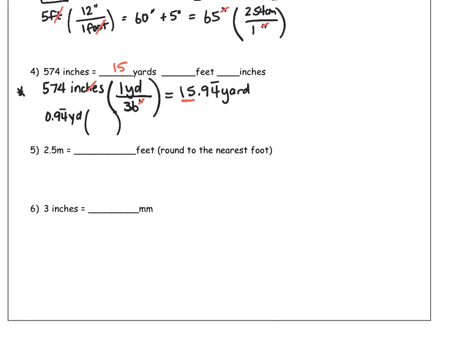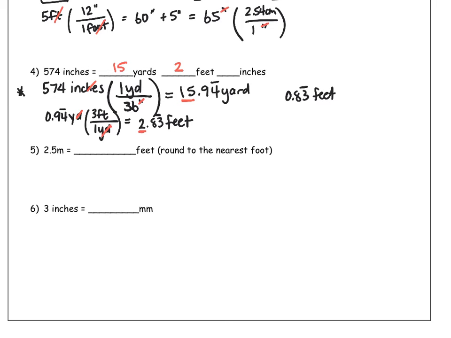And now I want to go into feet. And I know that 1 yard has 3 feet. So my yards cancel away. And when I put that in there with the big, long, ugly decimal number, it ends up giving me 2.83 repeating feet. So now this tells me that I have 2 whole feet and I have 0.833333 feet left that will be into inches. So again, if I subtract the 2, that leaves me with the 0.83 repeating feet.